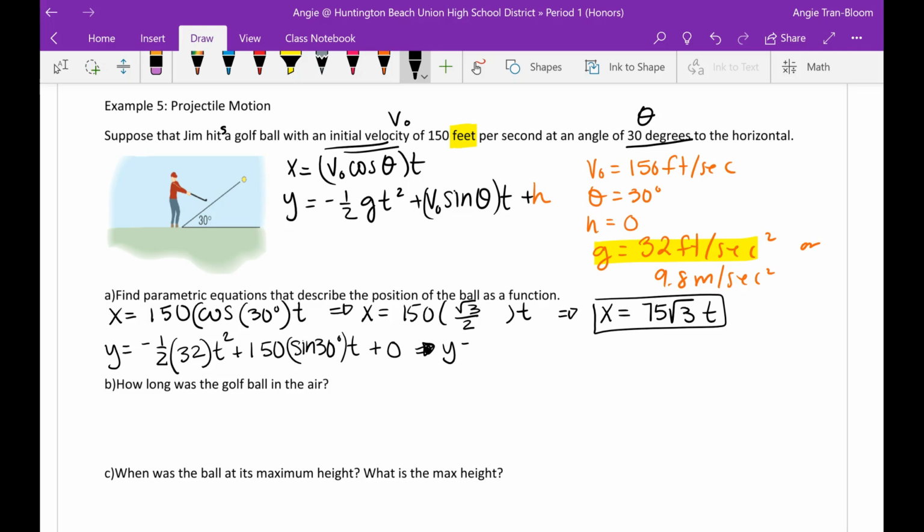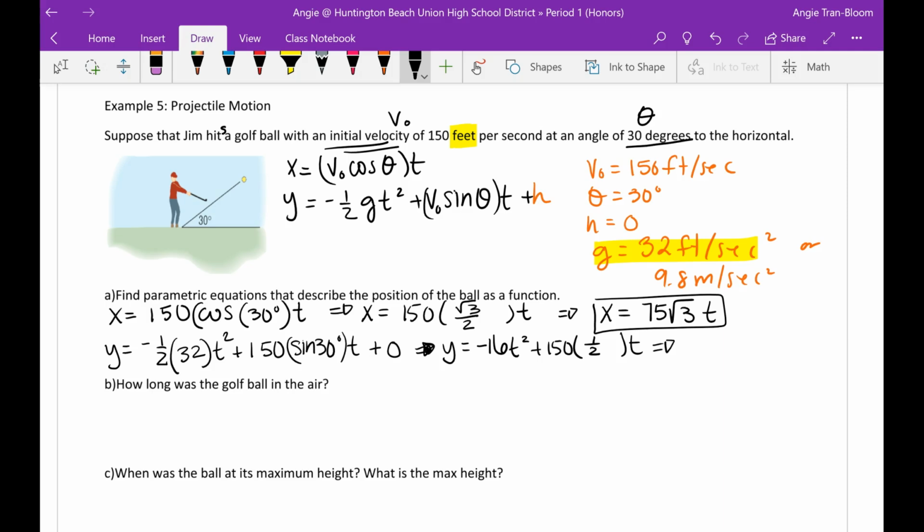From here, simplify. 1/2 of 32 is going to be negative 16 t squared, plus 150. Why don't you give me the value for sine of 30 degrees? That way I can simplify a little bit more. Sine of 30 degrees is, okay, thank you for telling me.